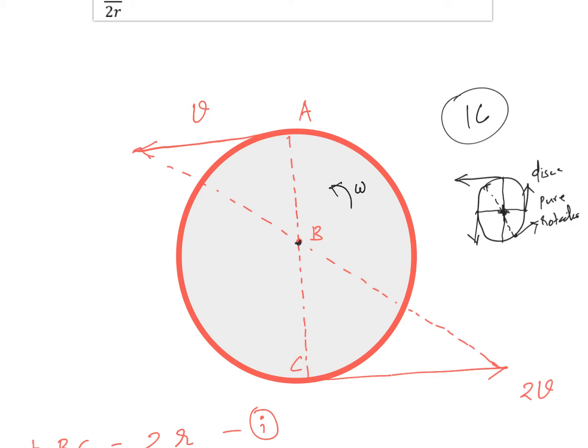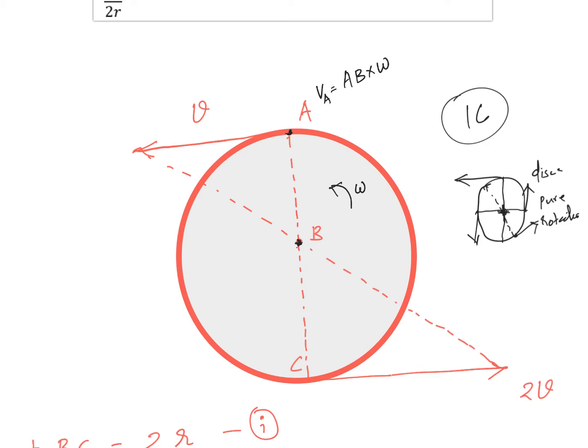Then the velocity of this point can be written as AB times omega, because for the current instant the body is undergoing pure rotation about this point. So the velocity of point A is AB times omega.